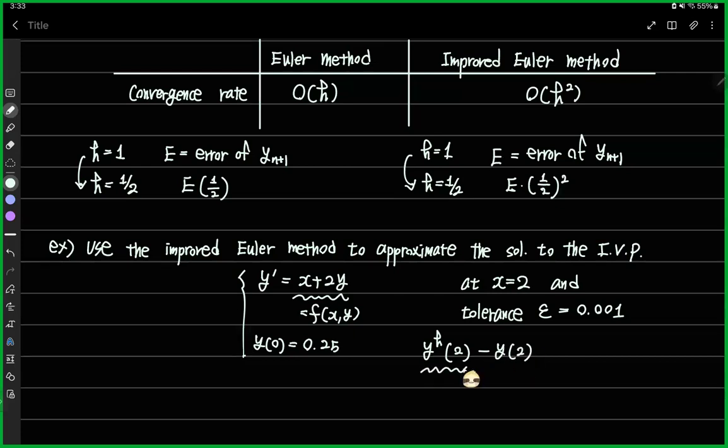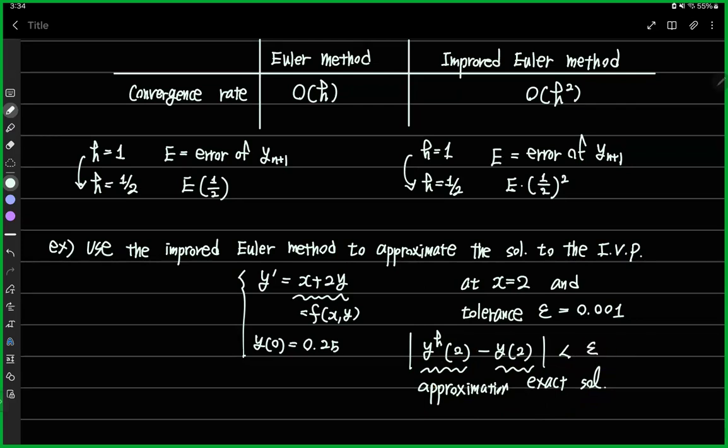So this is the approximation, and this is the exact solution. Then there's an error, right? We want to find an approximation where the error is less than 0.001, I mean, epsilon.